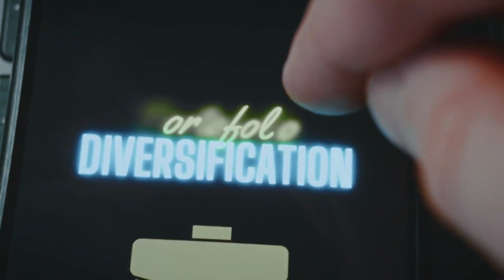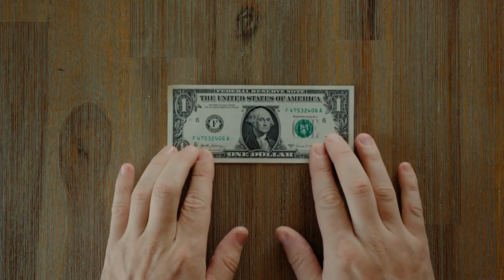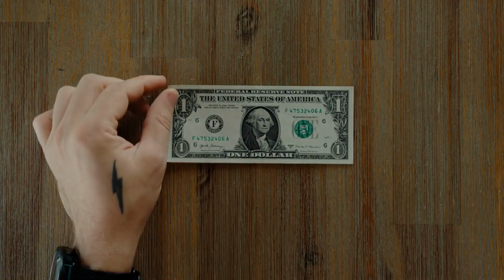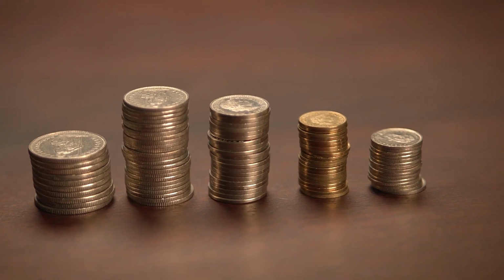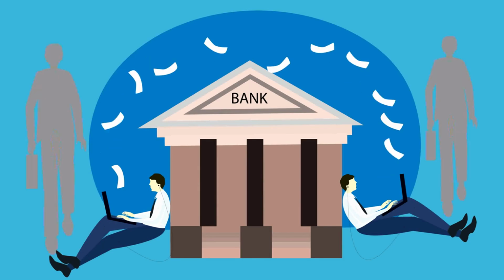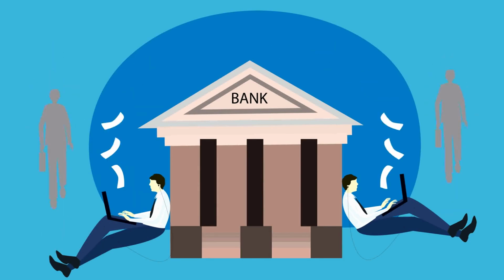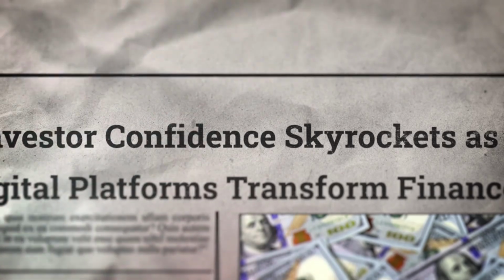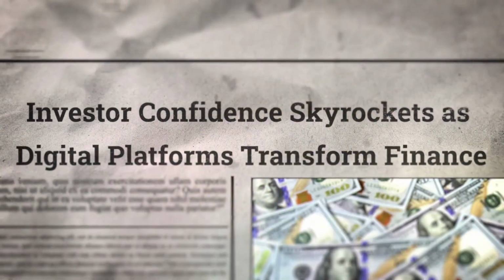Impact on portfolio diversification. Building a smart investment portfolio is all about diversification. You don't want all your eggs in one basket. Incorporating both corporate and government bonds can create a more balanced and robust portfolio for you. Consider these points. Government bonds serve as a stable foundation.